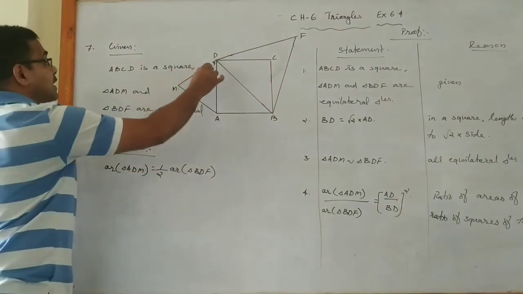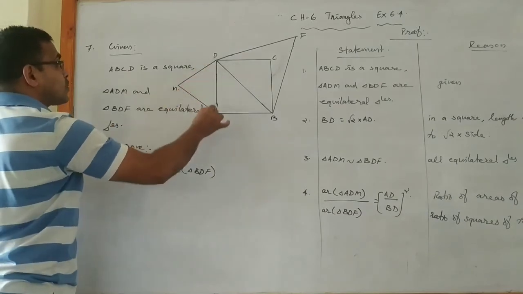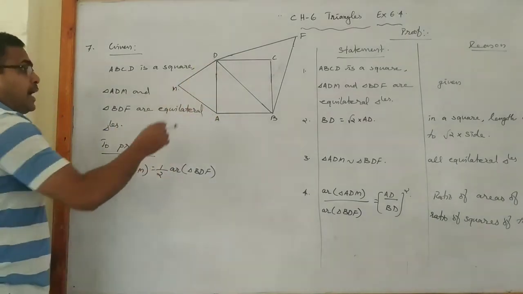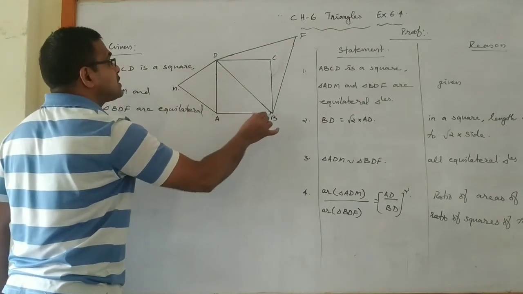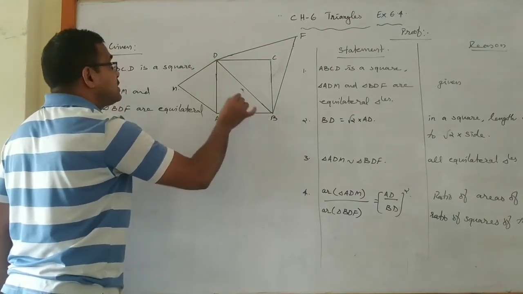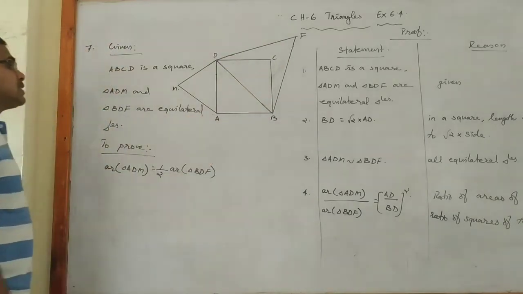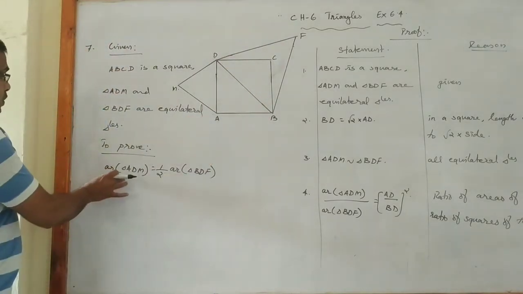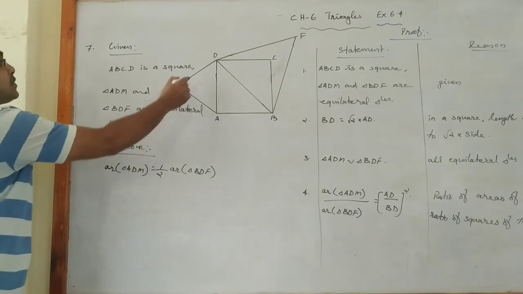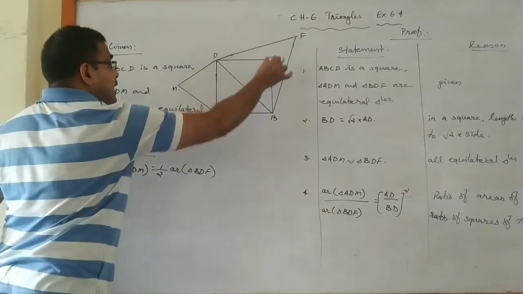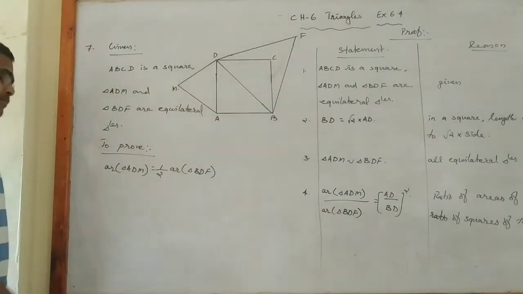See, one equilateral triangle is described on one side of the square, that is triangle ADM. Another equilateral triangle is described on one of its diagonals, BD is the diagonal of ABCD. Then another equilateral triangle BDF is described on its diagonal. To prove: area of triangle ADM is half the area of this equilateral triangle BDF. That we have to prove.